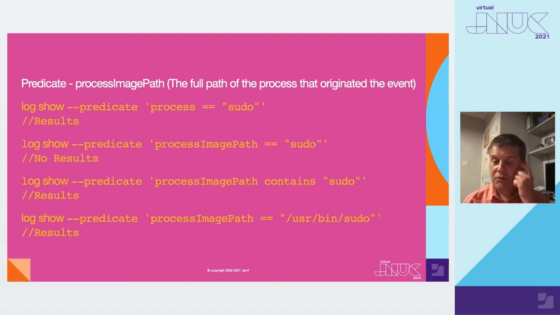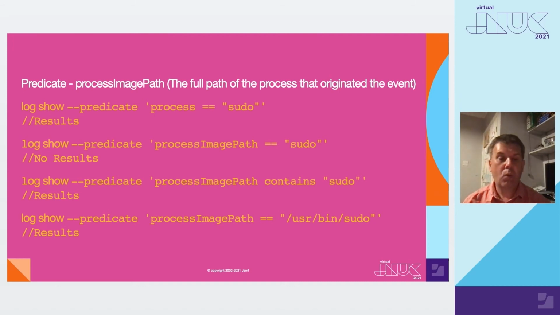This can sometimes be useful if you want to troubleshoot a command line tool, but you've got an alternative version installed. So you have the original version in the default location, but you have another version somewhere else, and you only want to capture that specific one. So you can use process image path and use a path to where that command line tool sits on the file system.